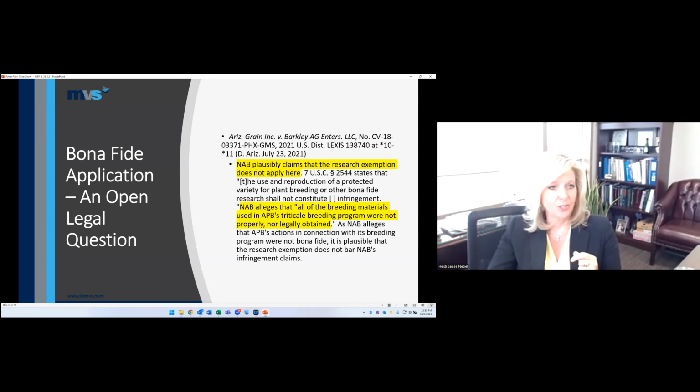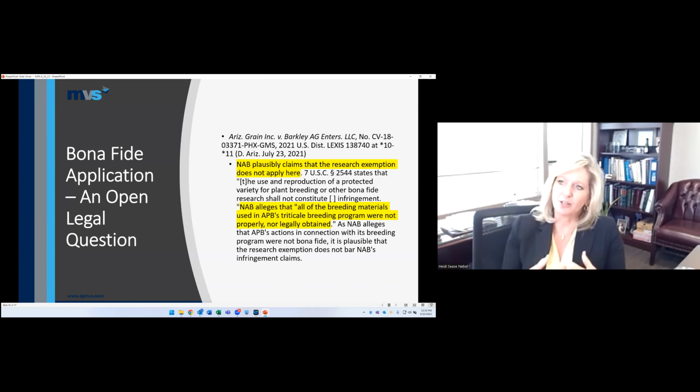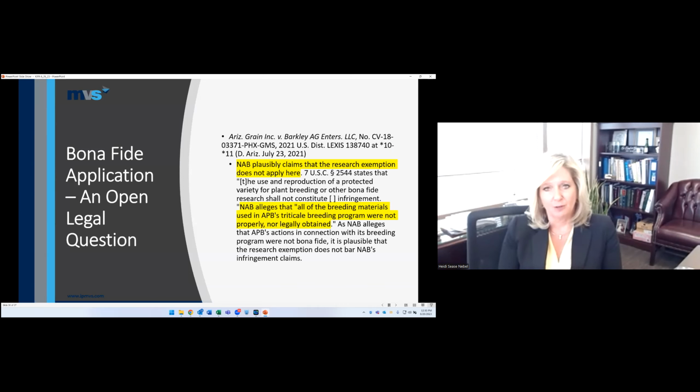This goes into the research exemption a little bit. The other thing, having gone through litigation of a PVP certificate, there is an absolute dearth of case law for trying to enforce a PVP against a would-be infringer. We're not even sure in the United States who has the burden of proof to go forward with a claim.